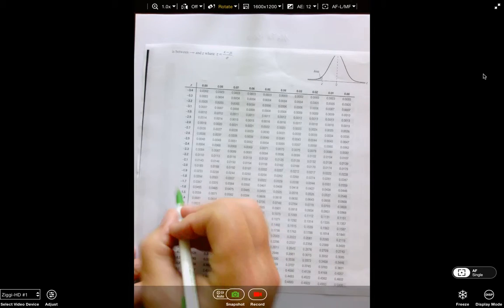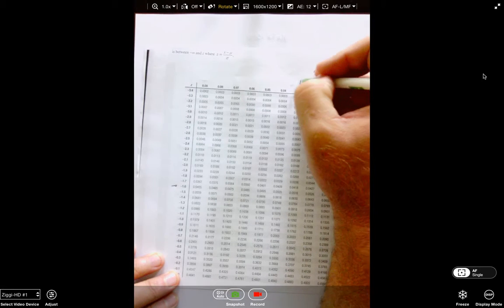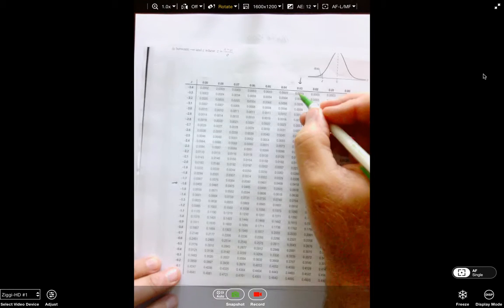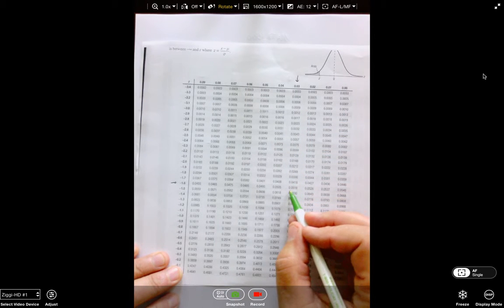And on this side, you'll see that we have all positive numbers, so we have to go to a different table, and this is it right here. Now, so we're looking at negative 1.63, so I've got to come to the negative 1.6 and come over to the 0.03 and hope that I get these columns and rows right. And it looks like to me it's 0.0516.